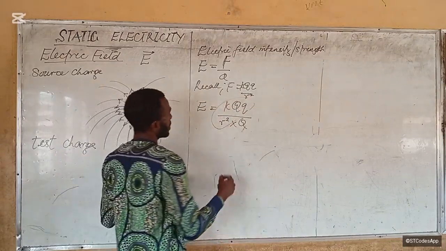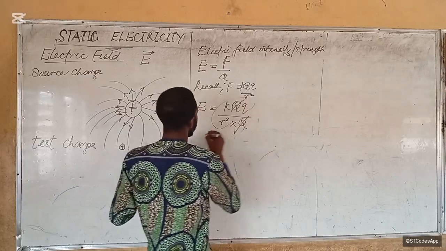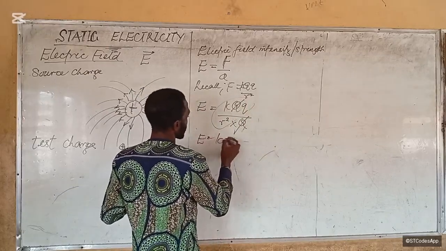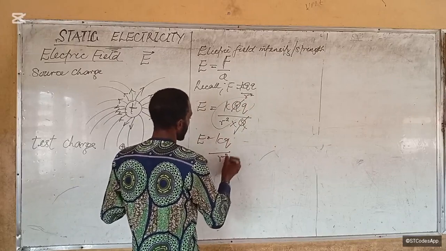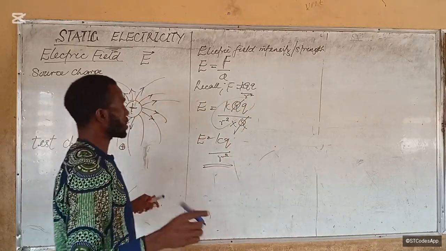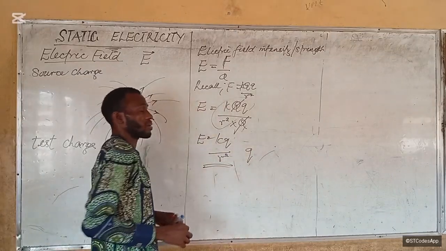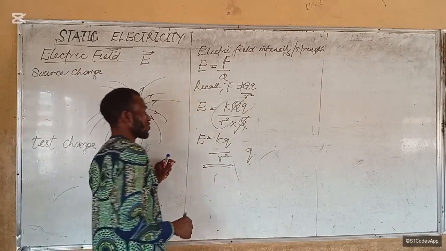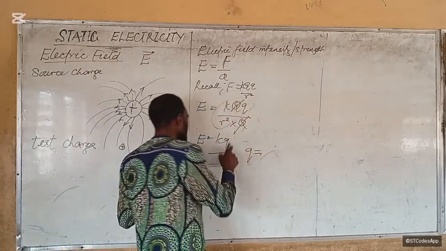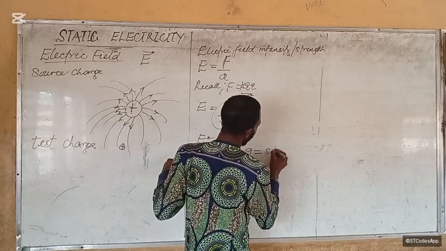Is that okay? Now, q will cancel q. Then our electric field intensity becomes KQ over r squared. Now look at this. With this Q here, this is what I was trying to refer to. Q here is the source charge.